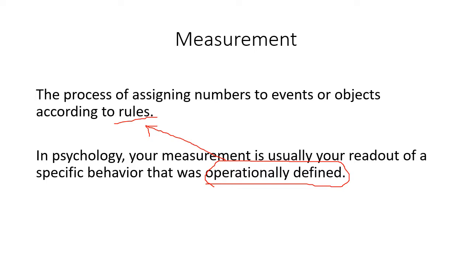There are a lot of other different ways that you can operationally define what an acting out episode is. But whenever you operationally define something, after that you need to assign rules and say, these are the rules that you need to follow based on my operational definition of what acting out is.